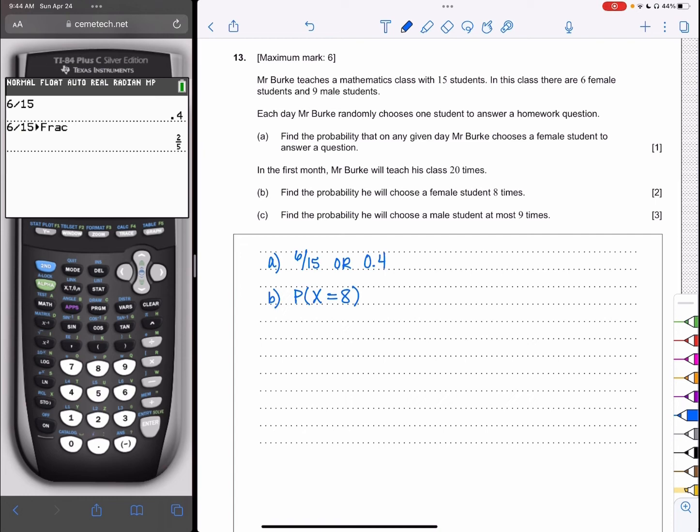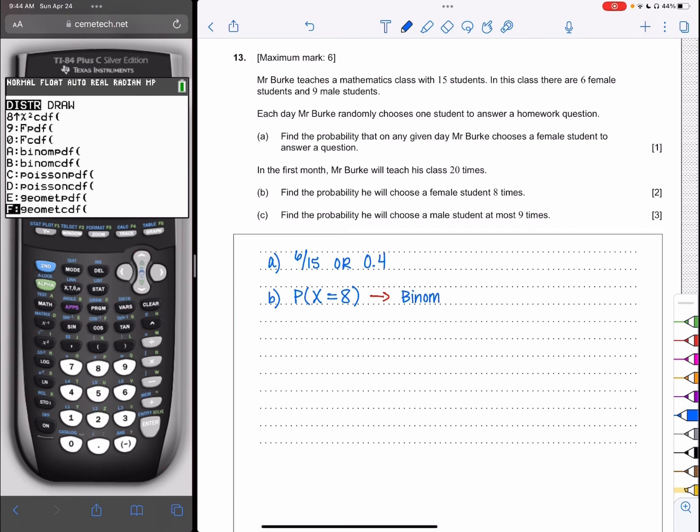So when I do binomial probability in the calculator, I'm going to do the binomial PDF. So I go to second vars and I go to binomial PDF because I'm looking at a specific, a particular value. So we know that the number of trials is the number of times he's going to teach his class, so that's 20.